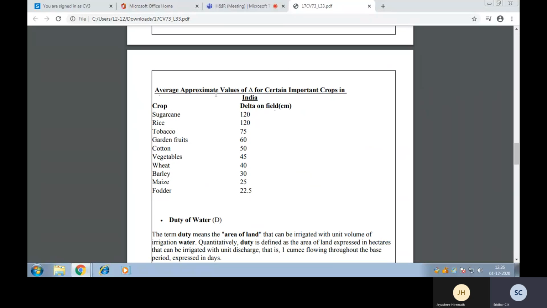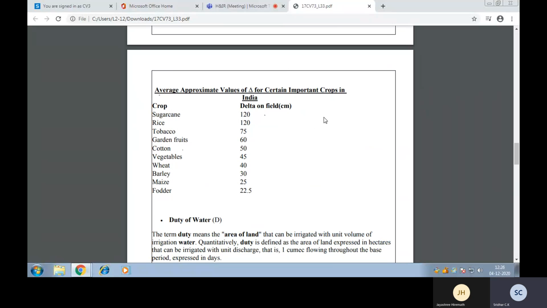The highest water requirement for a particular crop is sugarcane, and the least is fodder at 22.5. Cotton, a commercial crop, requires hardly 50 centimeters. So it varies.